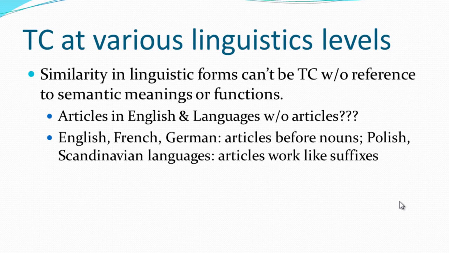And that's why it's very hard for Vietnamese to learn to tell the difference between a and the, when you use a and when you use the, even at a very advanced level. And this means that you need to find the other ways that Vietnamese could use to refer to the same concepts. For example, in English, French, and German, articles are located before nouns, while in some other languages, articles are added to the end of the word to work like suffixes.